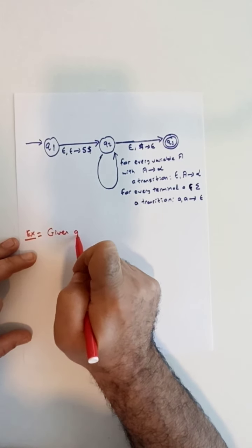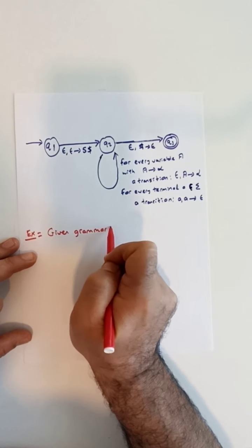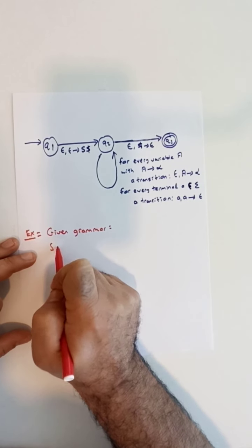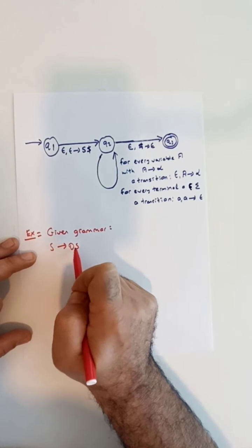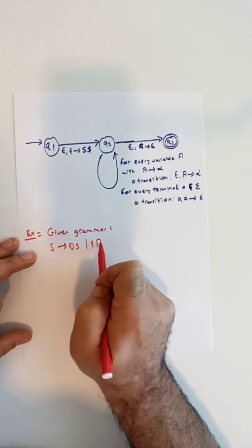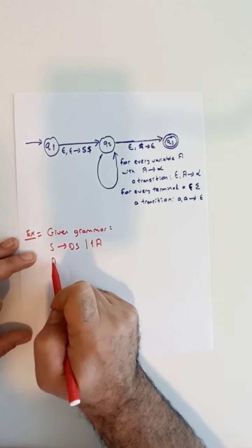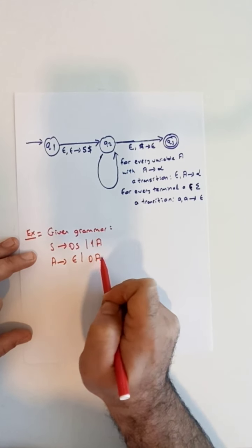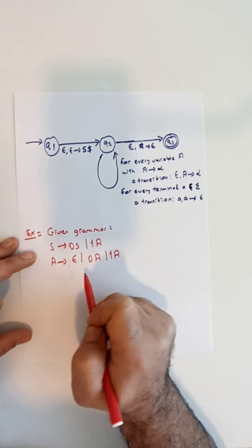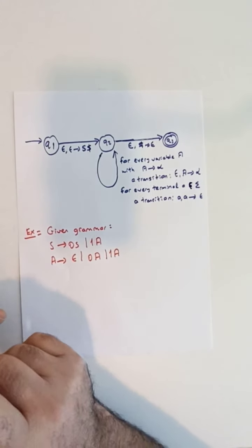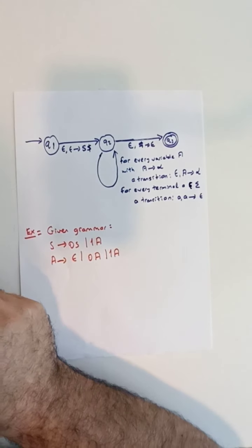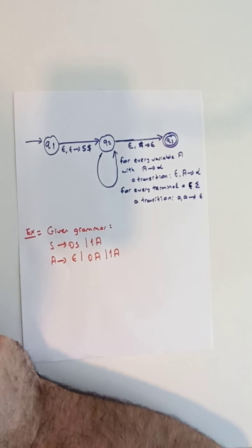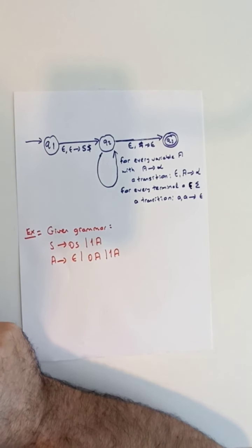Given grammar: S goes to 0S or 1A, A goes to epsilon or 0A or 1A. Actually, in today's live discussion session, we had talked about this context-free grammar already.